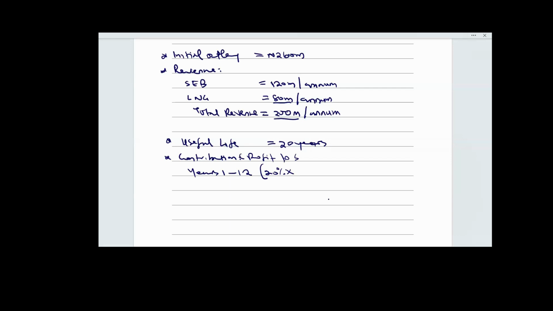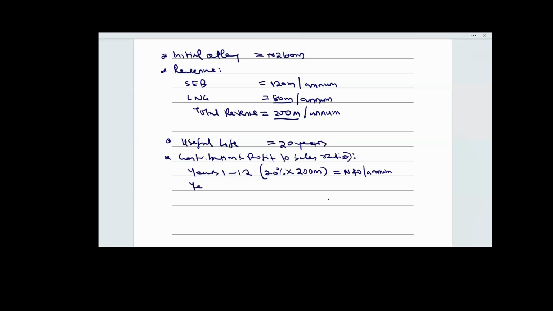Profit to sales ratio, multiply by 200 million. This is equal to 40 million naira per annum for the next 12 years. Year 1 to 12, it will be constant at 40 million.